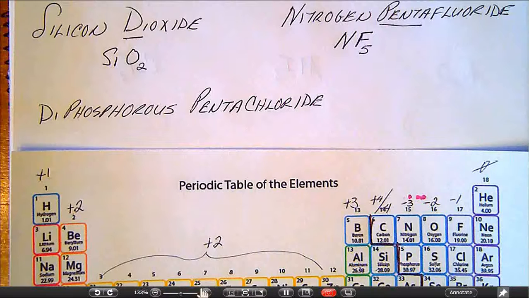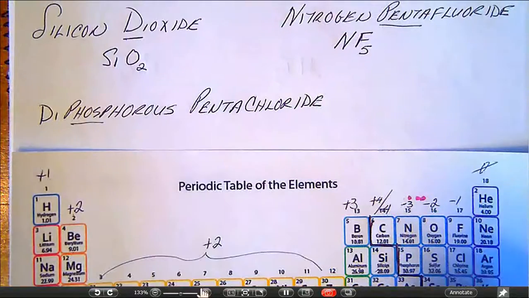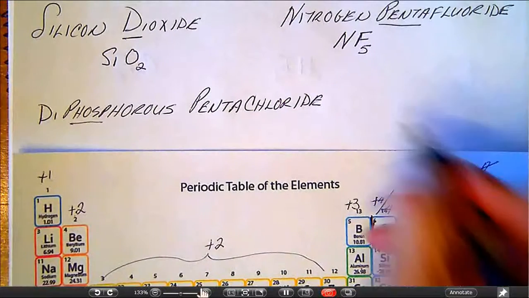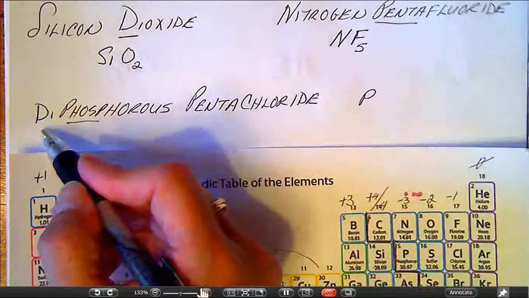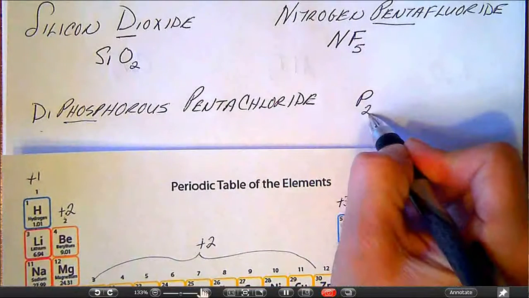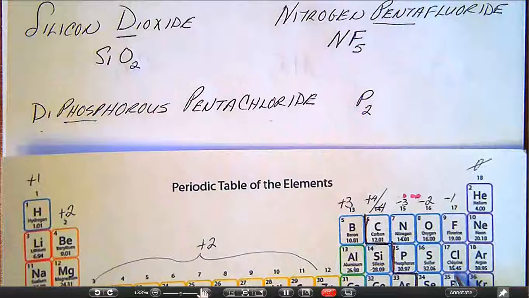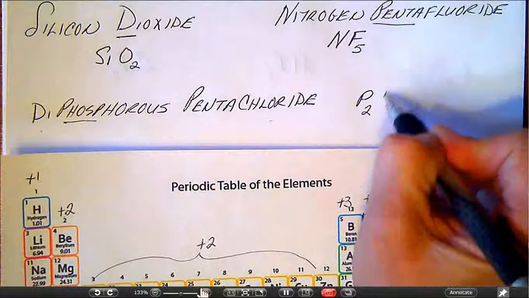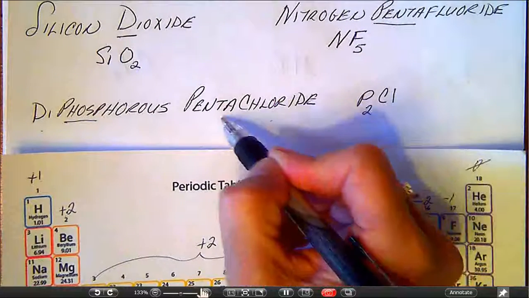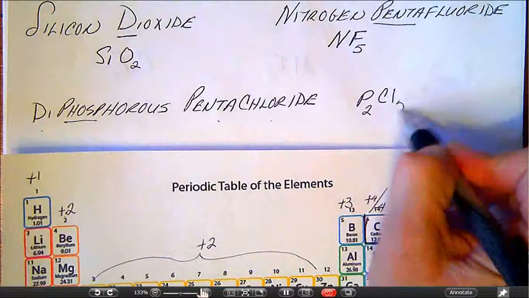Our next example, diphosphorus pentachloride. So we're going to look at phosphorus, P, di, 2. Chloride, Cl, penta, 5.